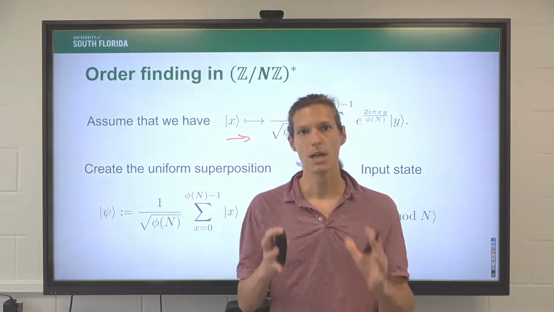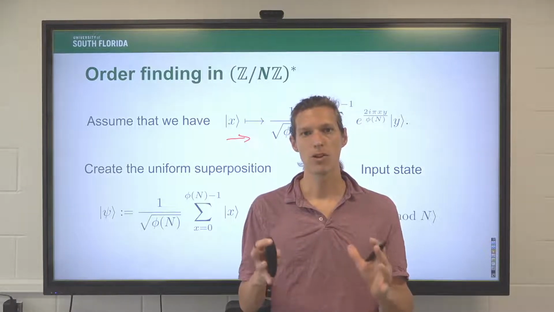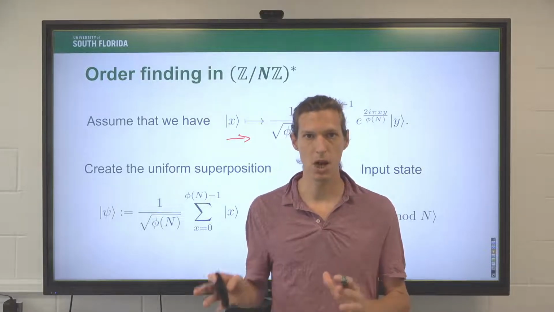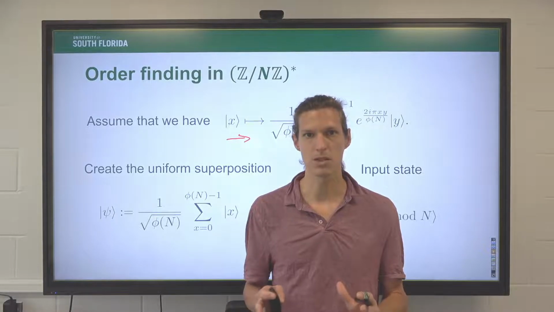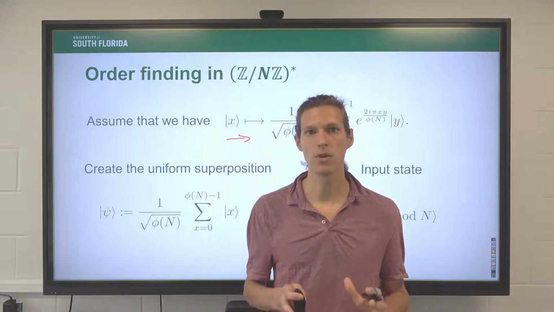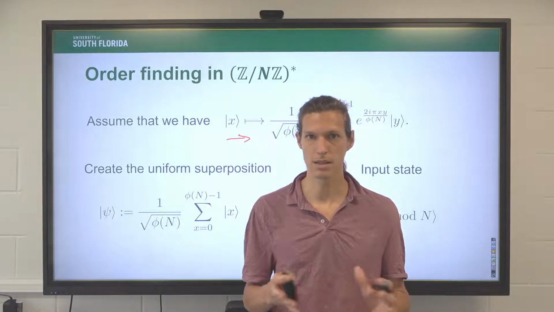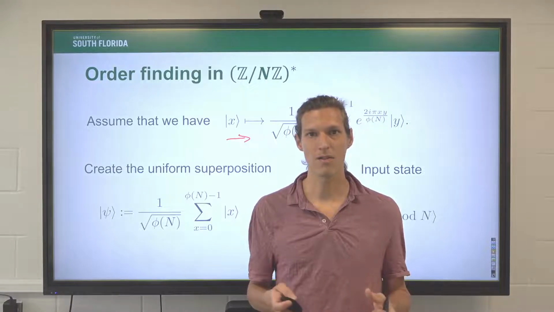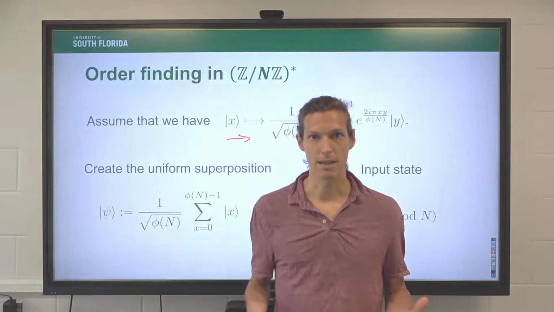But of course, finding the order modulo n when phi of n is known usually makes no sense in the context of factoring, because knowing phi of n usually implies that we know the factorization of n, in the sense that we do not know of any other ways to compute phi of n other than factoring n.